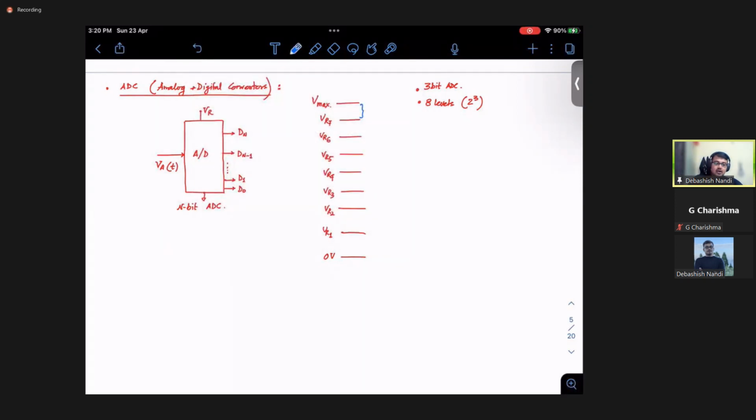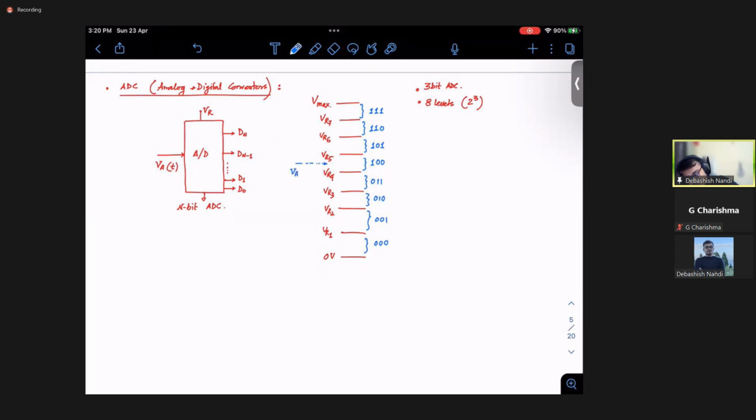Okay. So what I'll assign is that in this range, if my analog voltage is in this range, then what will be my output? My output will be 111. Similarly, 110, 100. So you see that suppose your input voltage VA lies at this point.